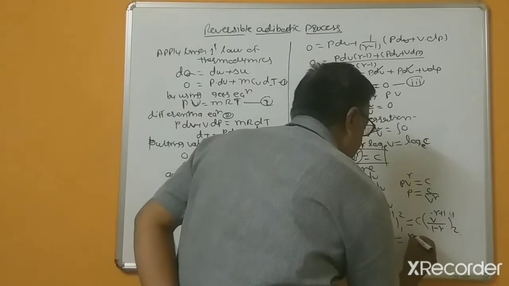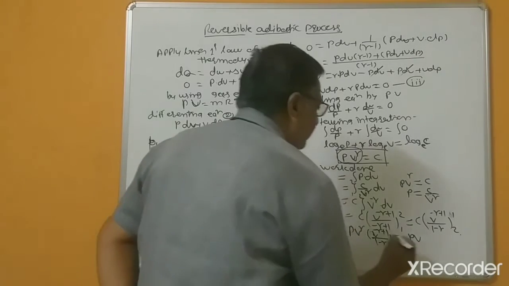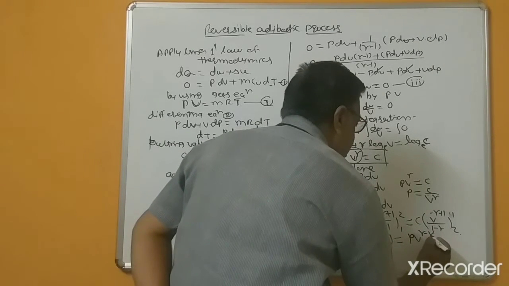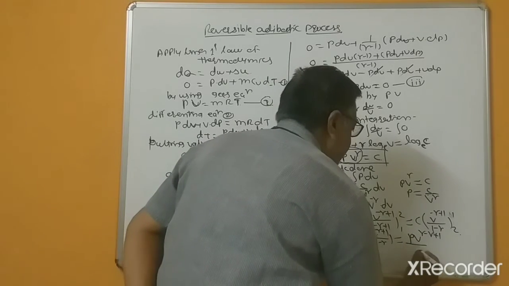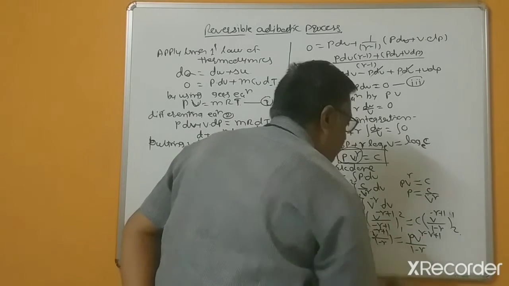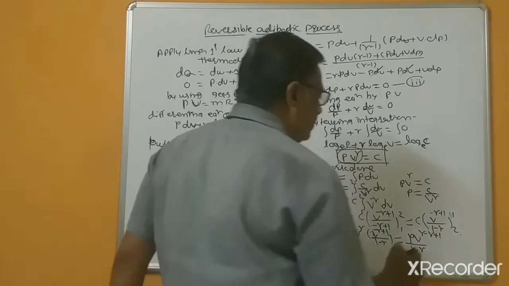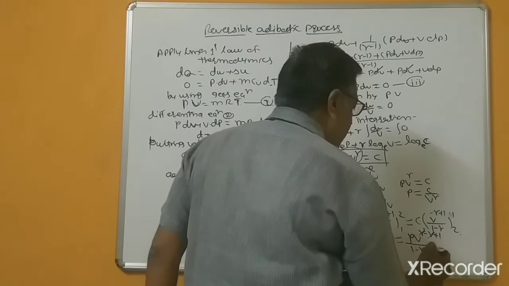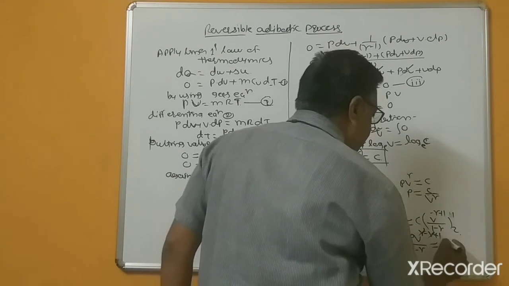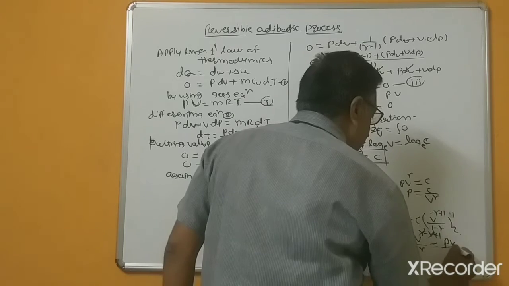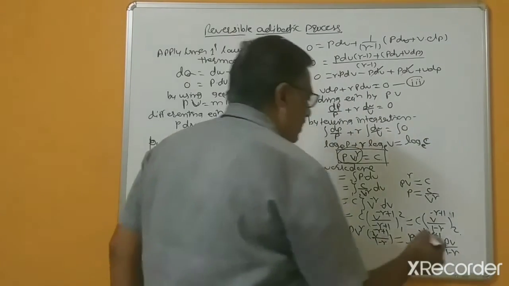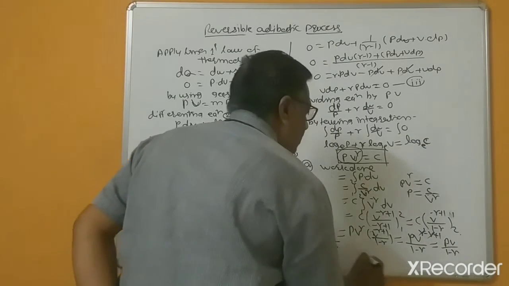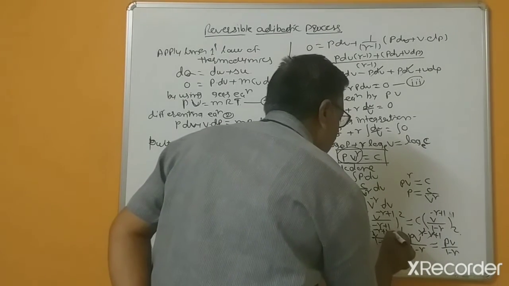The gamma and minus gamma cancel, and this is PV divided by 1 minus gamma, with limits 1 to 2.